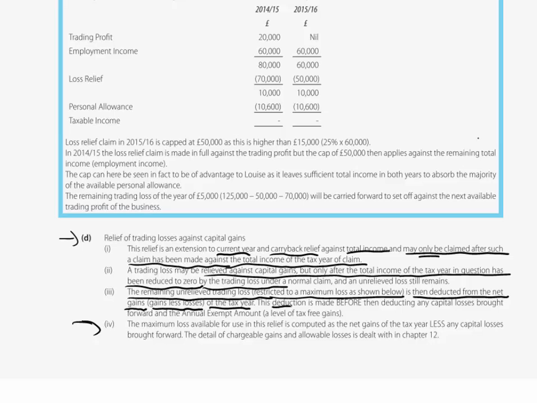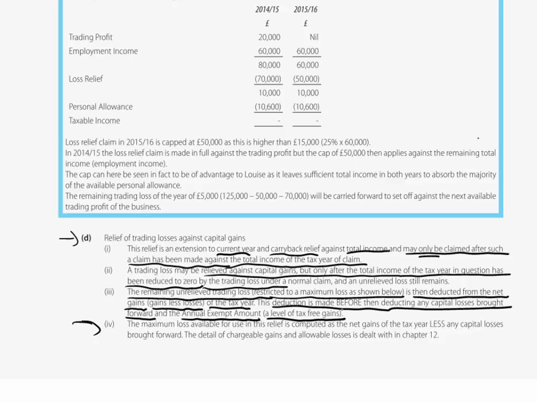That loss relief is applied before you deduct any capital losses that may have been brought forward from previous years, and also before deducting what's known as the annual exempt amount. This is a level of tax-free gains. It's the CGT equivalent to your personal allowance. Your personal allowance in income tax is a level of tax-free income.